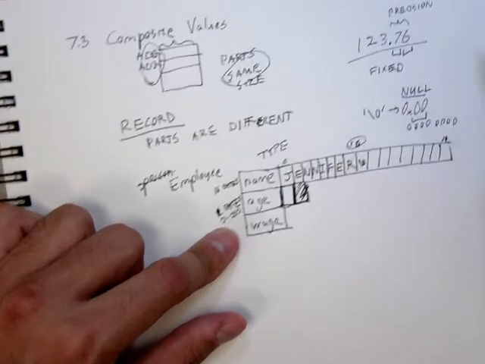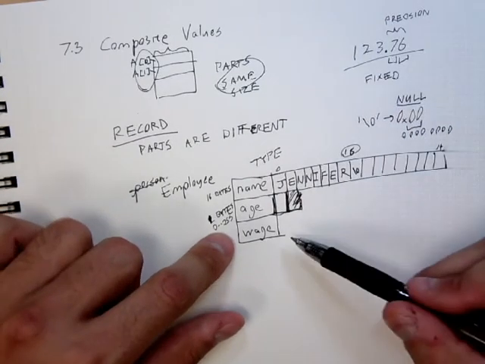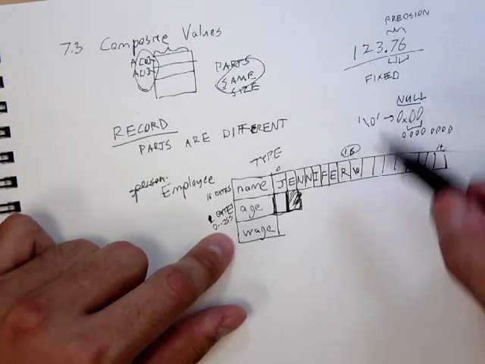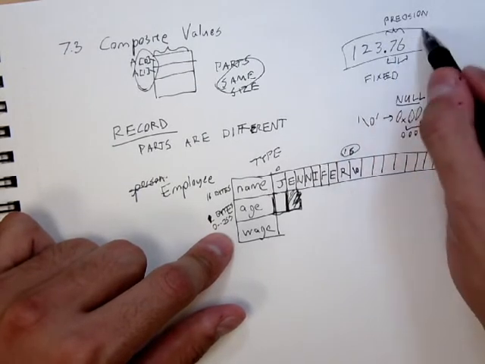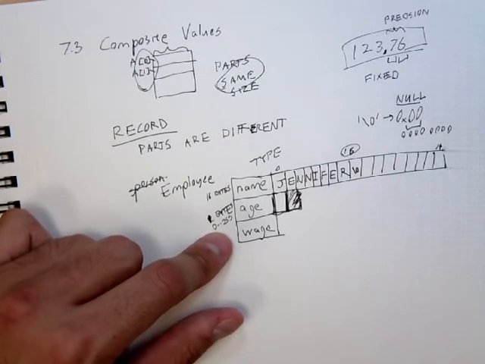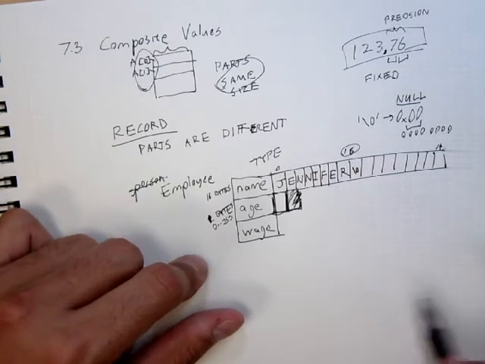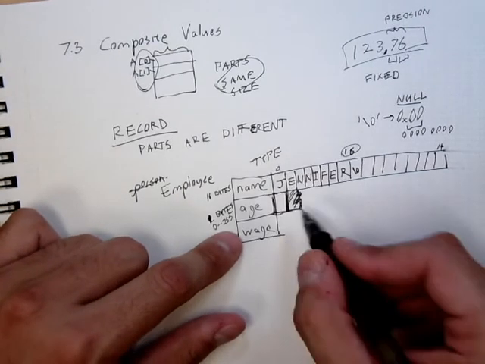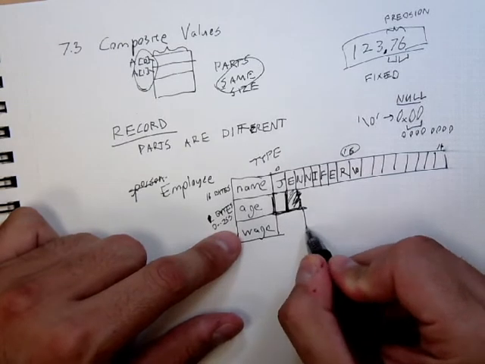So we can represent the amount that a person earns in dollars by storing just a whole number, and we pretend there's a decimal point 2 positions back. Generally wages are always going to be positive, so we can store that in 2 bytes.